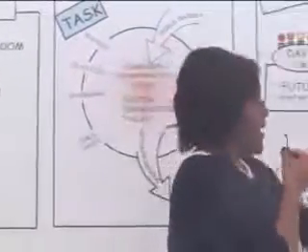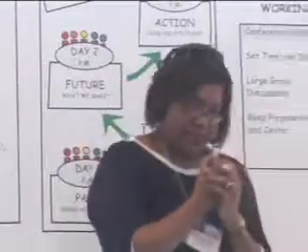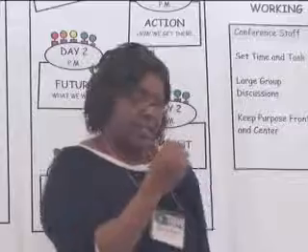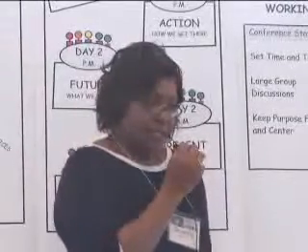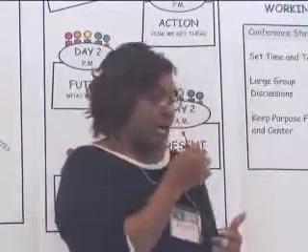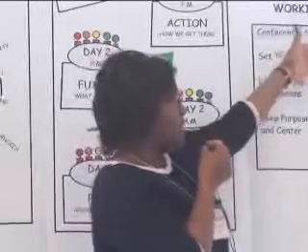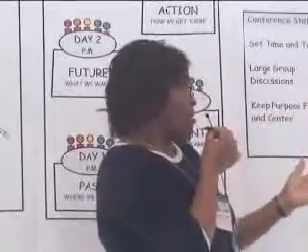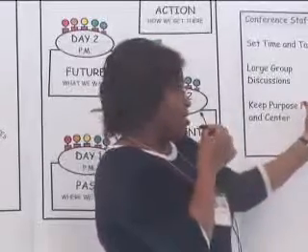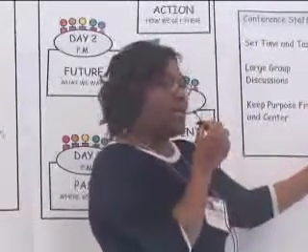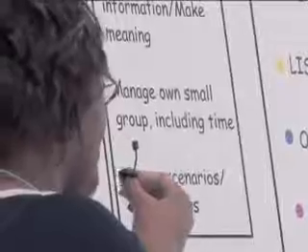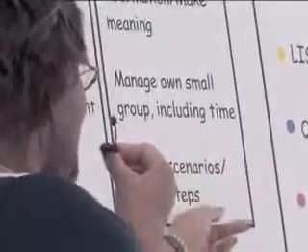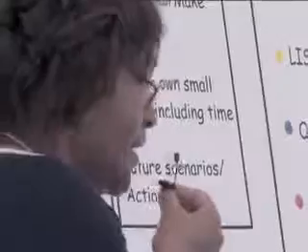Okay. The working agreement. As a conference, you are the participants. This doesn't work without you. So I need you to think in your mind that you are in agreement to provide information and make meaning in your small groups. That you manage your own group, including your time while you're in the group. And that you do the future scenario planning and action step planning.